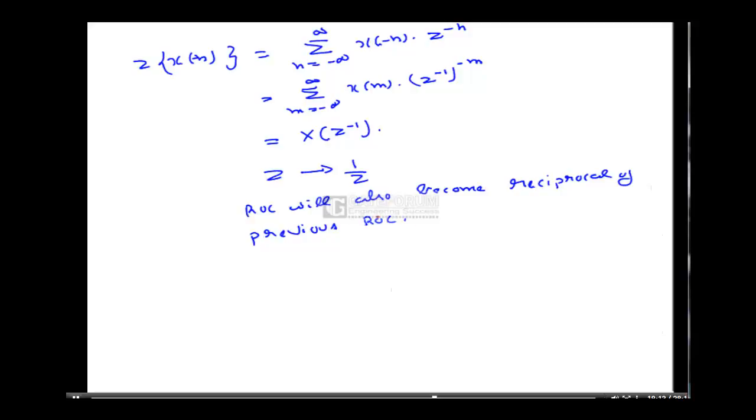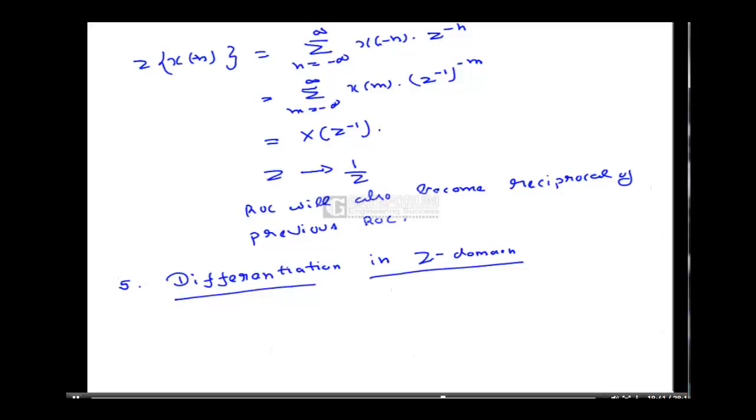Okay. Now, fifth property will be differentiation in z domain. Of course, since time domain is discrete, we cannot differentiate that.